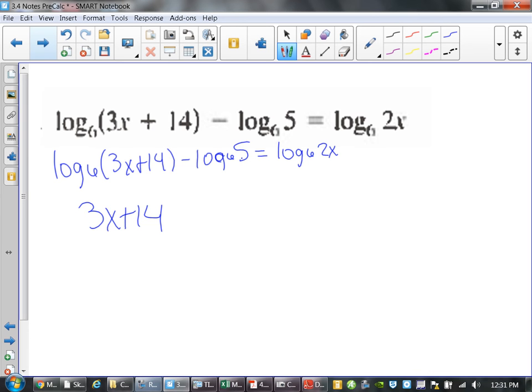When you have subtraction of logs, what does that mean? Division. You have to condense it. That's the right word, right? Okay. Guys, at this point here, and again, I may or may not have set her up on this one. So you get 3x plus 14 over 5 equals 2x. That's where you go with this one. All right. So then, figure it out.